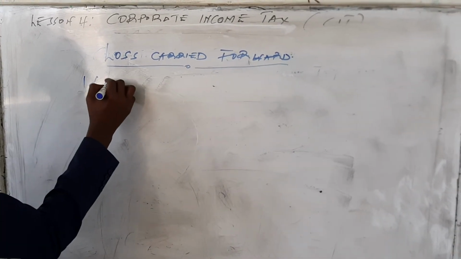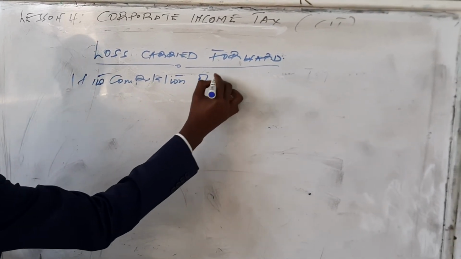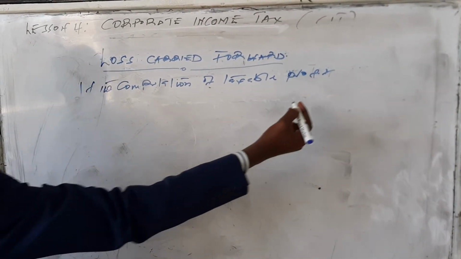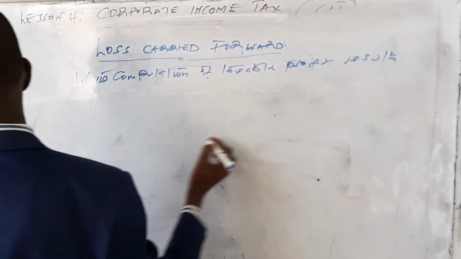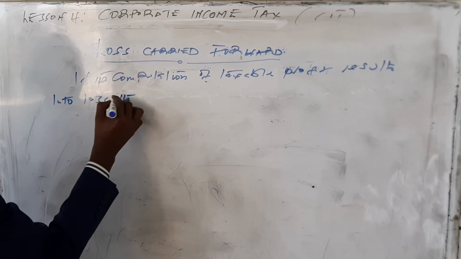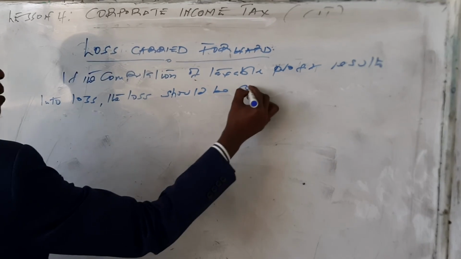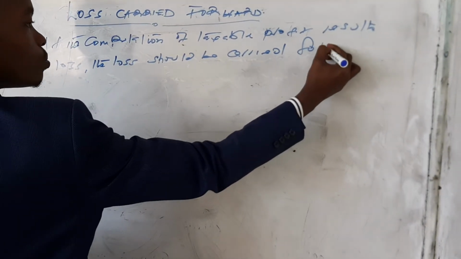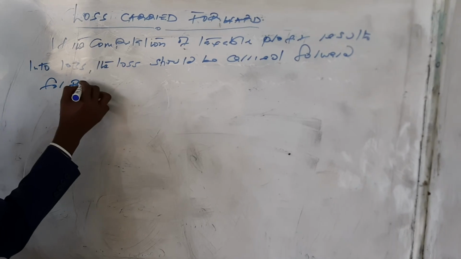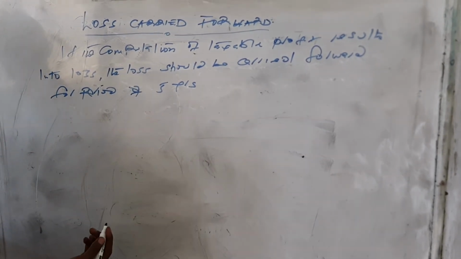If the computation of taxable profit results into a loss, the loss should be carried forward for a period of 5 years.